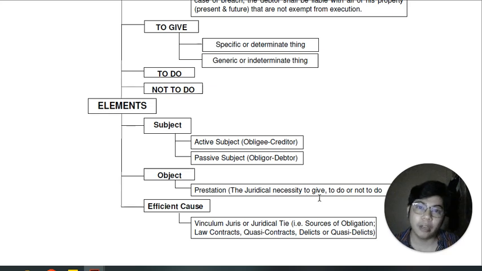The prestations are to give, to do, or not to do, but there is no not to give, because not to give is already included in not to do. To give is also, in essence, a to do, because to give connotes the delivery of an object or of the subject matter.